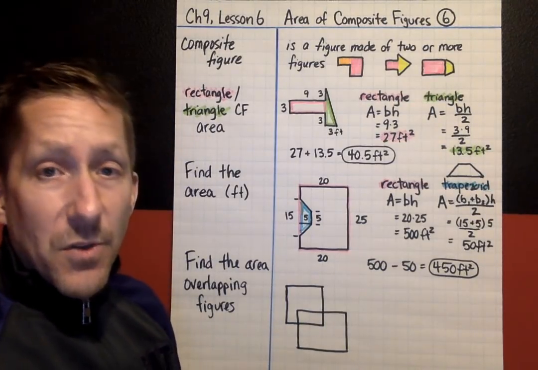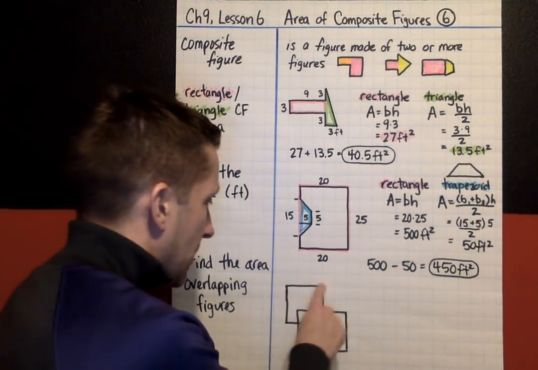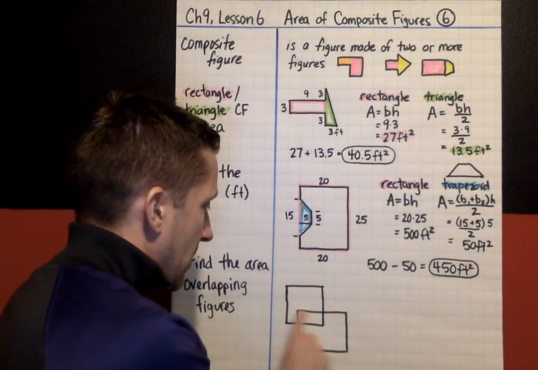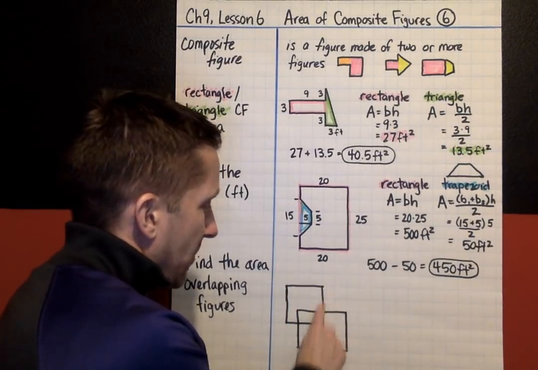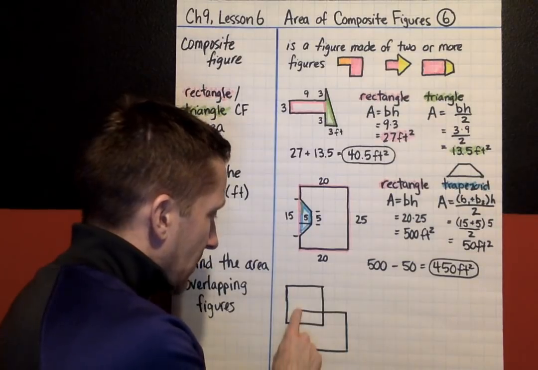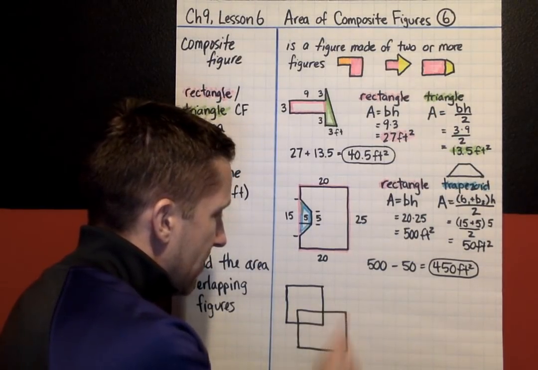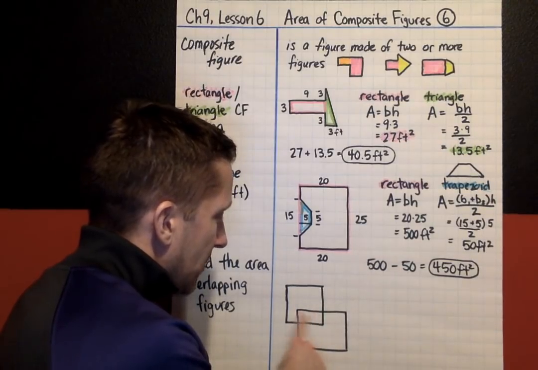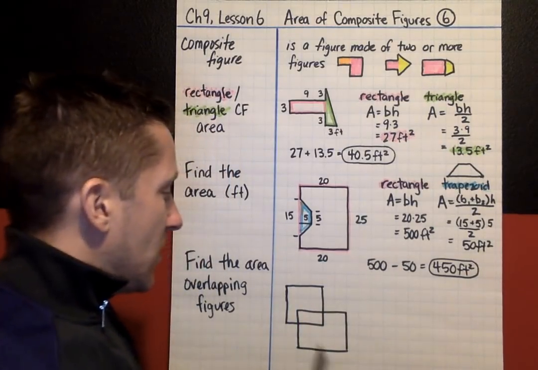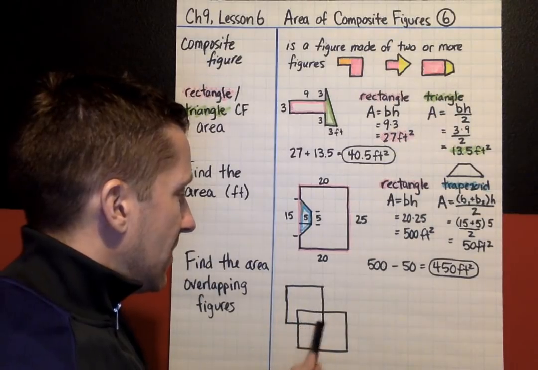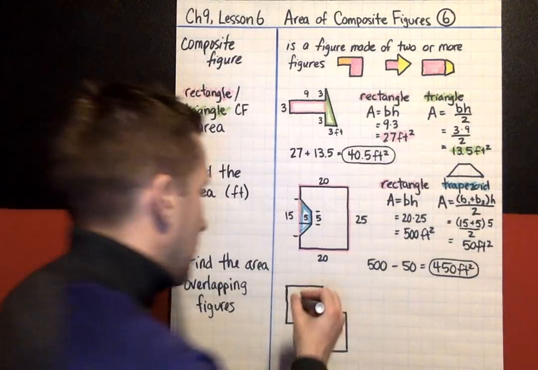Well, there are 2 rectangles, this rectangle, but if we find the area of this rectangle, that means we've already counted this part right here, and if we find the area of this rectangle, we've also found the area of that. So we have to find the area of rectangle. Let's number these.